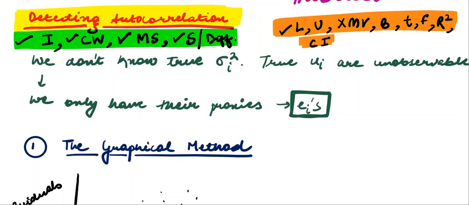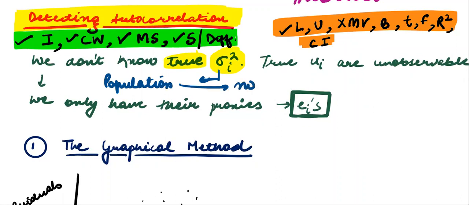Now, as I have been declaring in a lot of my lectures by now, please understand that I do not know sigma i square, the true value. I only know sigma hat square, because sigma i square is for a population and the population is not at disposal.